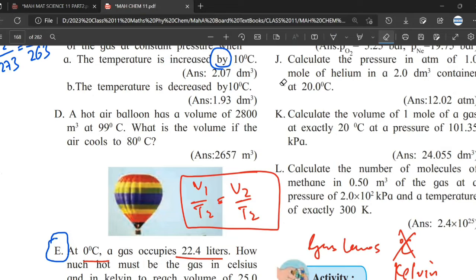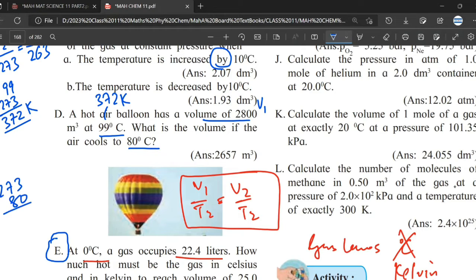So if we look at the D part, hot air balloon. So this is our V1. This is our 99 plus 273, 372 Kelvin. What is the volume if the air cools to 80 degree Celsius? So this would be 273 plus 80, 353 Kelvin.